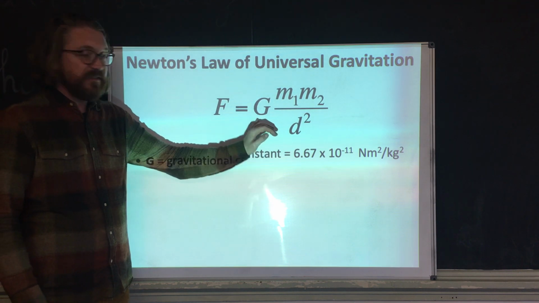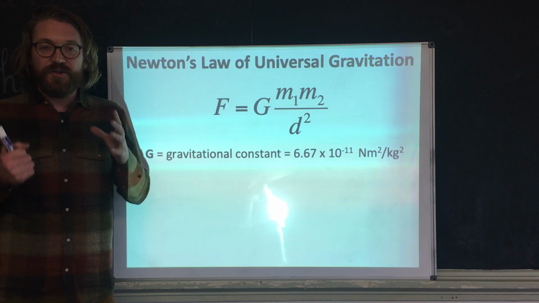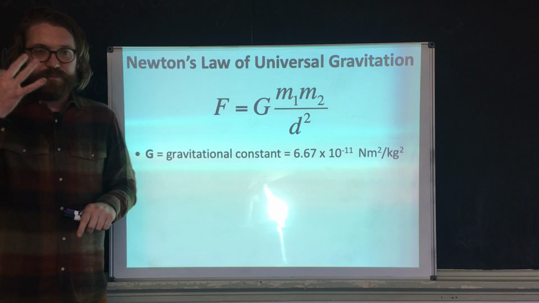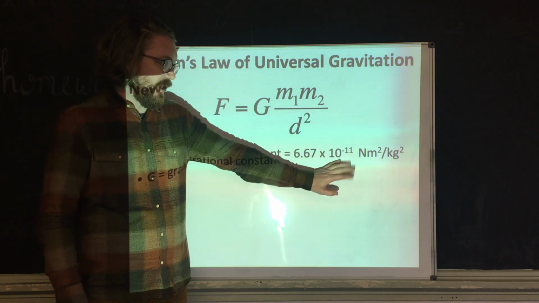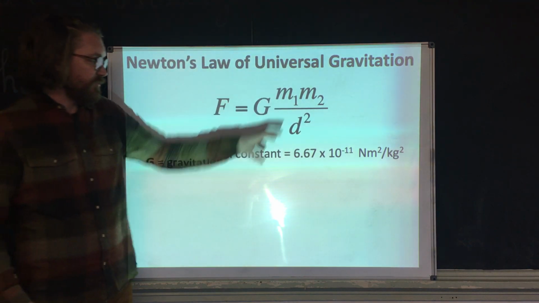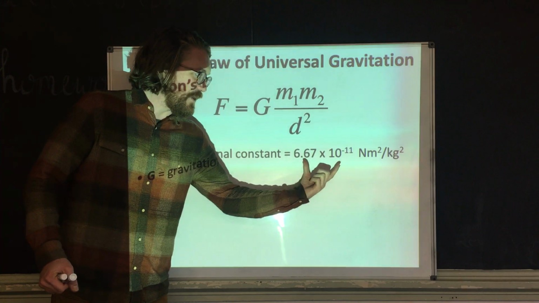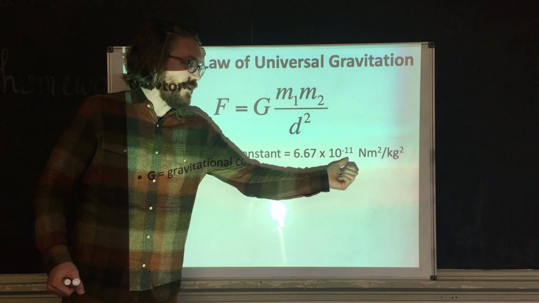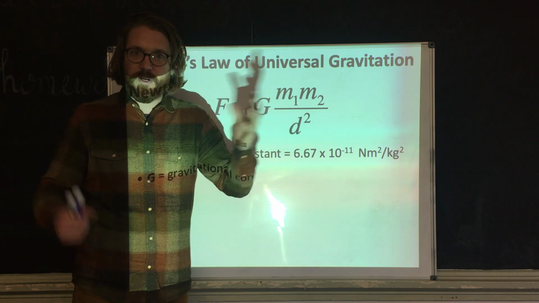This number never changes, and you always have it on your equation sheet on that third page. It is 6.67 times 10 to the negative 11th. Don't worry about the unit; that's the unit that cancels the rest of the units out, and we don't need to know it. So you just need to know 6.67 times 10 to the negative 11th, Newton meter squared divided by kilogram squared.